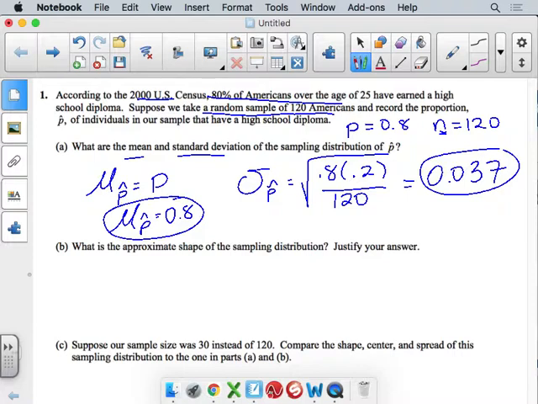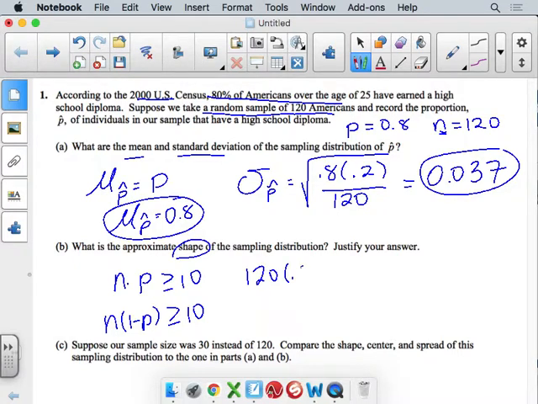What's the shape? So are we normally distributed or not? Or are we non-normal? On these, it's n times p greater than or equal to this magic number of 10, and the same thing, n times 1 minus p. So 120 times 80%, 120 times 20%: 96, 24.